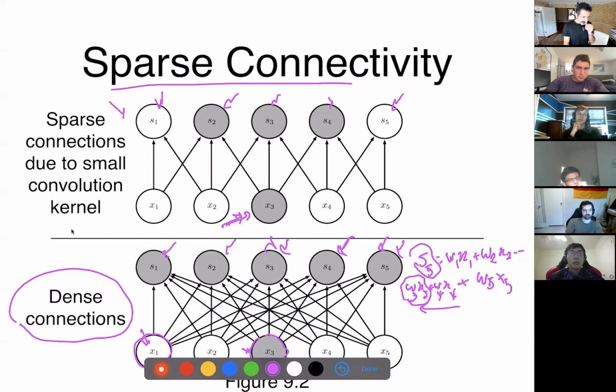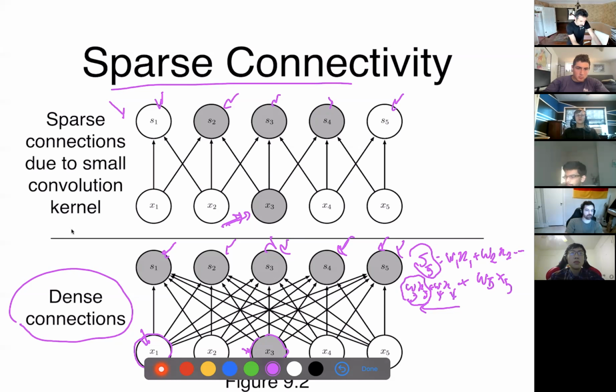You can also think of it the other way around, right? So this was one view, from the input to the output. Now you can think about the output, like this S3, which only depends on a limited number of input units, right? So S3 only depends on X2, X3, X4, but previously this was dependent on all of the input units.